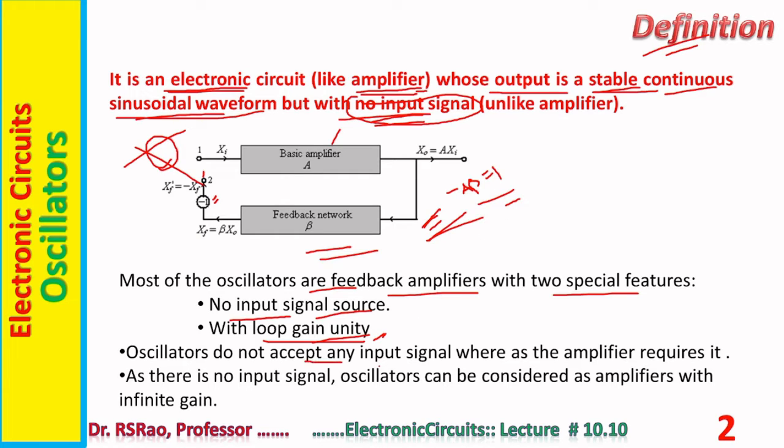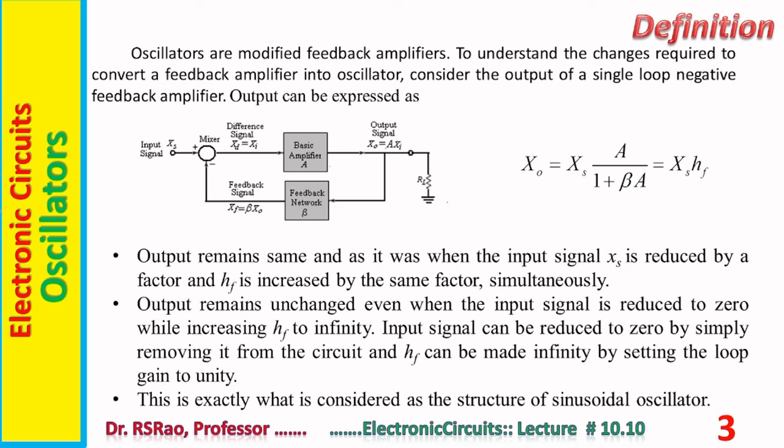Oscillators do not accept any input signal, whereas amplifiers require it. As there is no input signal, oscillators can be considered as amplifiers with infinite gain. So the relation between amplifiers and oscillators can be stated in one sentence as: oscillators are amplifiers with infinite gain. Let us move further.